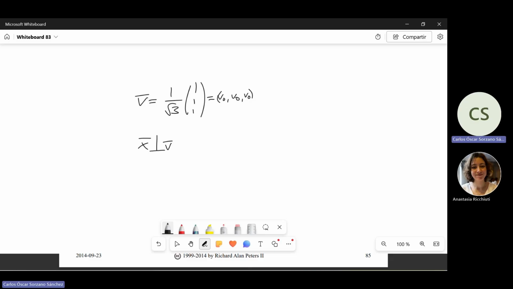Okay, so if x is perpendicular to b, that means that x, let's call it, x r times v0 plus y r times v0 plus z... using wrong notation.